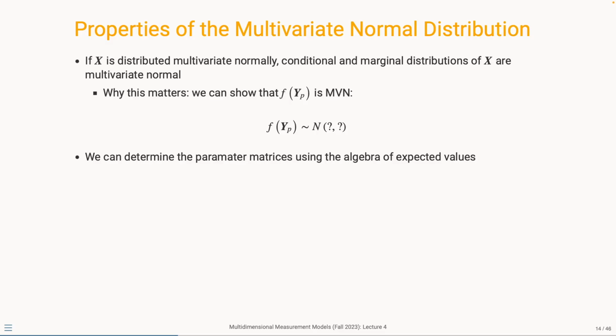So that means we can show that f of y, the data, should be multivariate normal. So when we use a CFA model, we are assuming or implying the data follow a multivariate normal distribution.